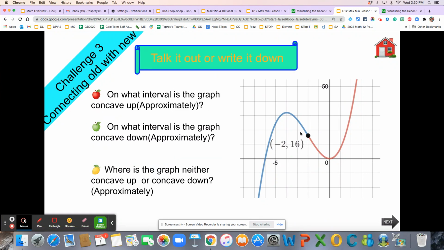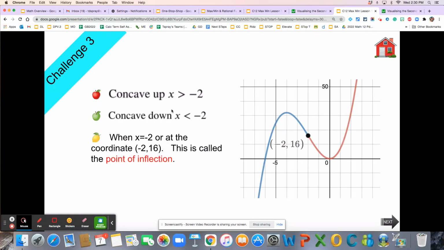Okay, and so intervals of concave up, concave down are the same. So right here we'd have the interval is, it's pointing down here, so it's concave down to the left of -2. Okay, so these are sort of warm-ups, and remember that coordinate -216 is the point of inflection.